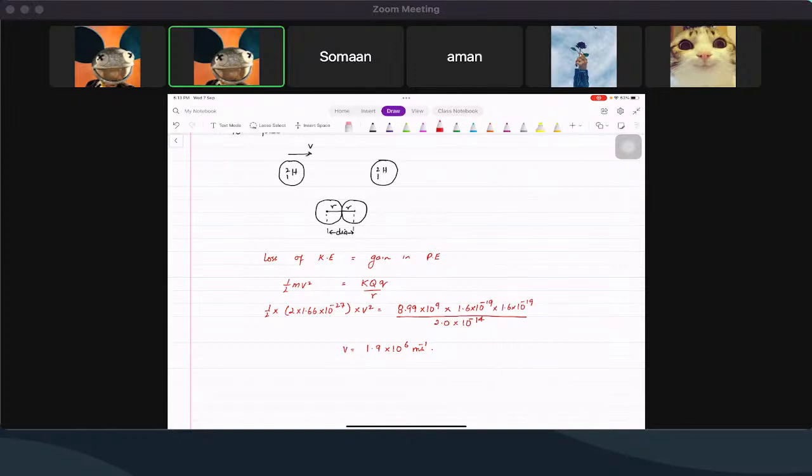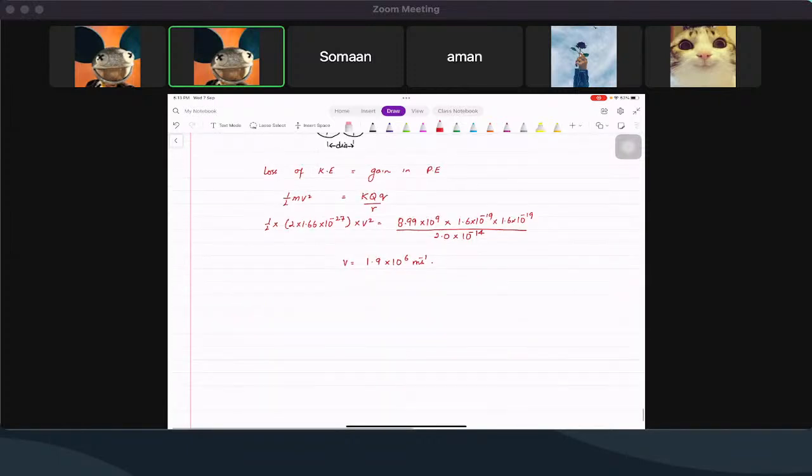Now, the last type of question is another type of example. Let's try to do it, and then we're going to look at some of the questions from the topical.